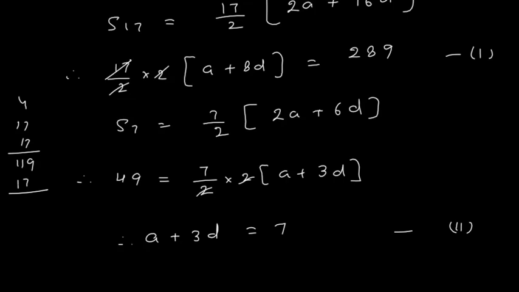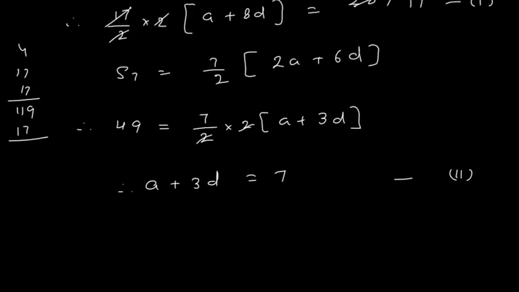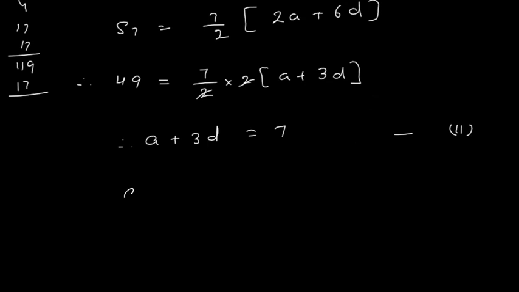So this is 17 1 and here I will get 17. So in equation 1, I have a plus 8d is 17, and in equation 2, I have a plus 3d is 7. So a plus 8 times d is equal to 17. This is our equation 1, and a plus 3d is equal to 7.